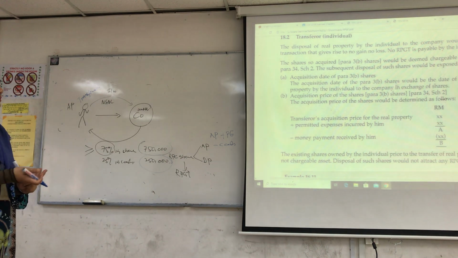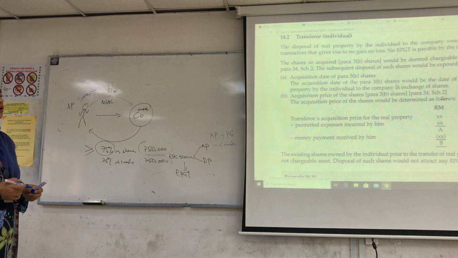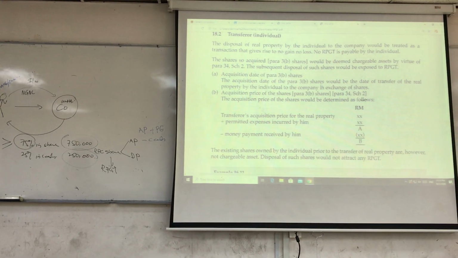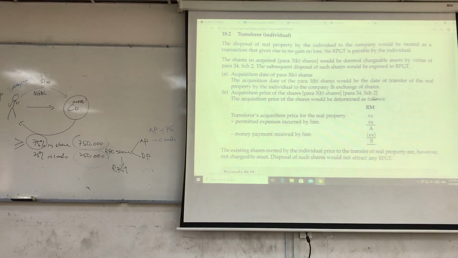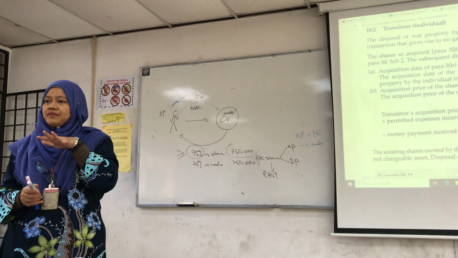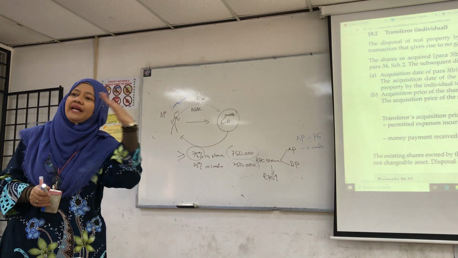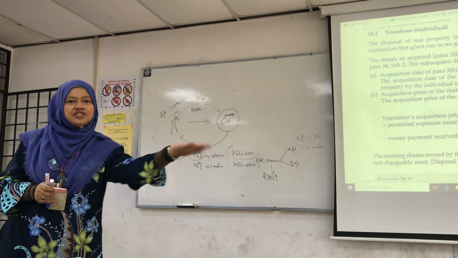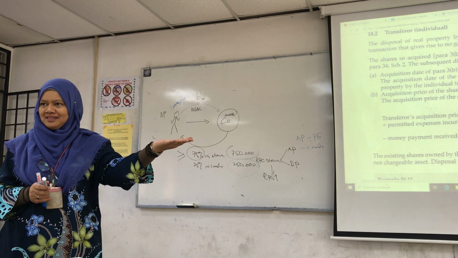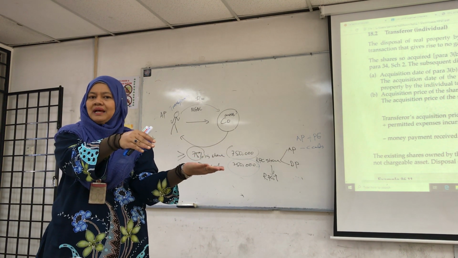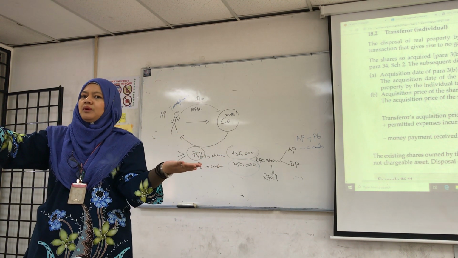Alright, the existing shares owned by the individual prior to the transfer of real property are, however, not a chargeable asset. Assuming before the transfer of the property, you already have shares in that company. So those shares are not RPC shares. But upon transfer of the property to the company, you get shares in the form of 75%.